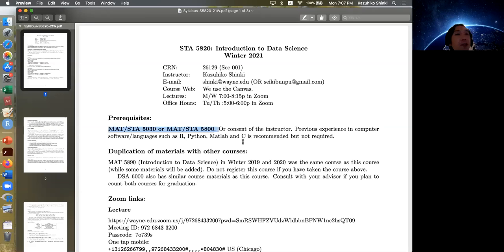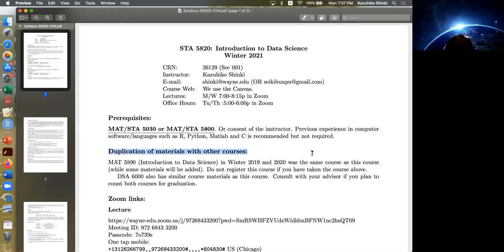Previous experience in software such as R or Python is recommended but not required. But it seems all of you have used R, at least some. So we can skip the introduction of R and focus more on the materials for data science.